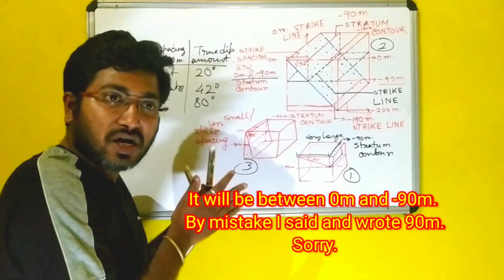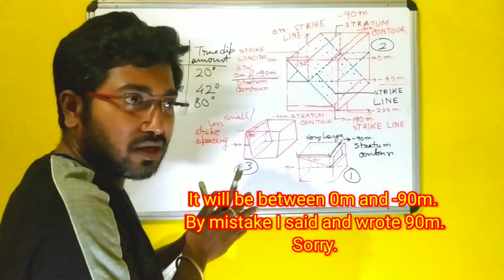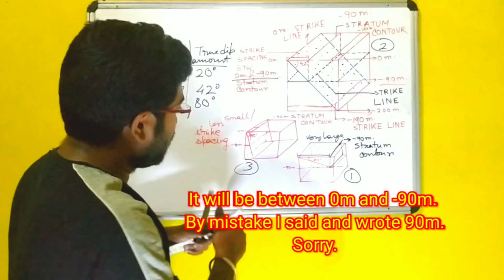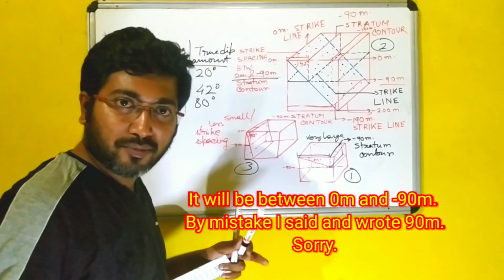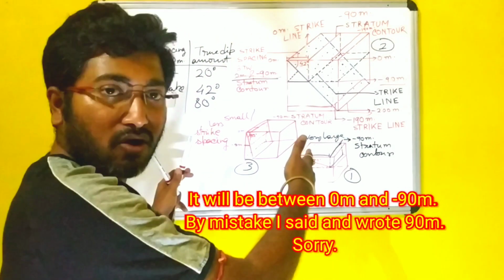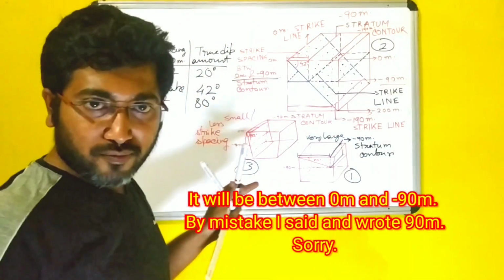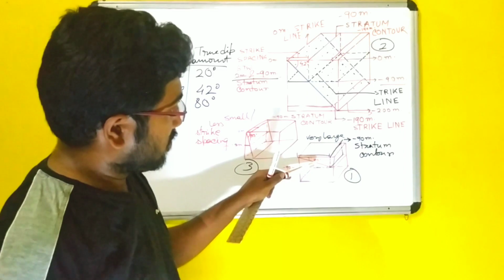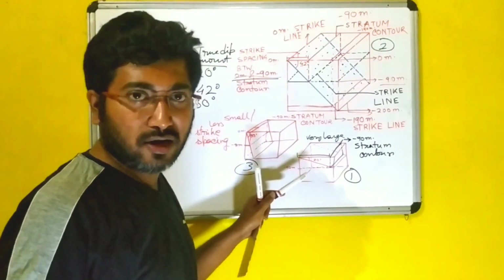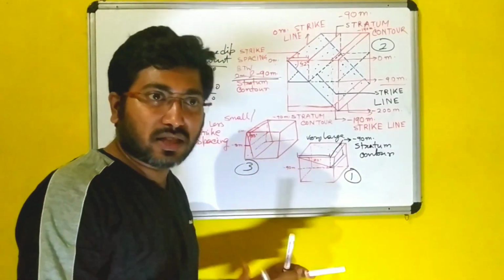That means close stratum contour means small strike spacing actually means the bed is steep. Steep means high angle of dip, and gentle means low angle of dip. And very large spacing of stratum contour means the bed is very gentle or having very low angle of true dip. So this is the logic.